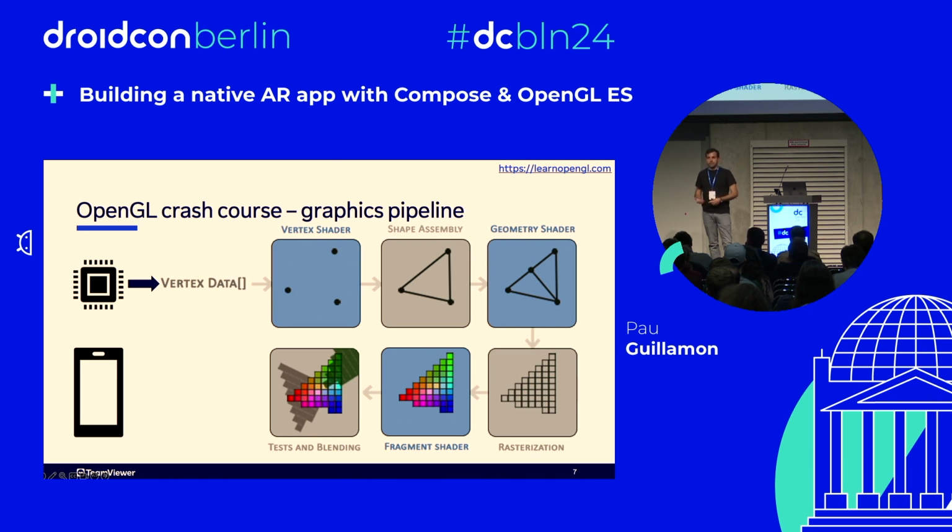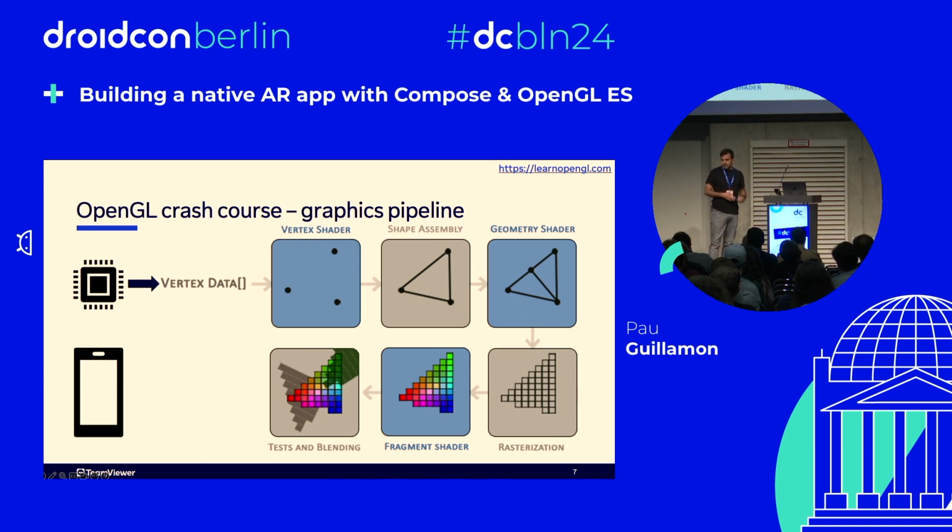We might have more fragments than pixels or fewer fragments than pixels, depending on the situation. Then there's the fragment shader. That's the other shader that we have to configure. It's also executed in parallel for every fragment, and its job is to decide which color that fragment will have.